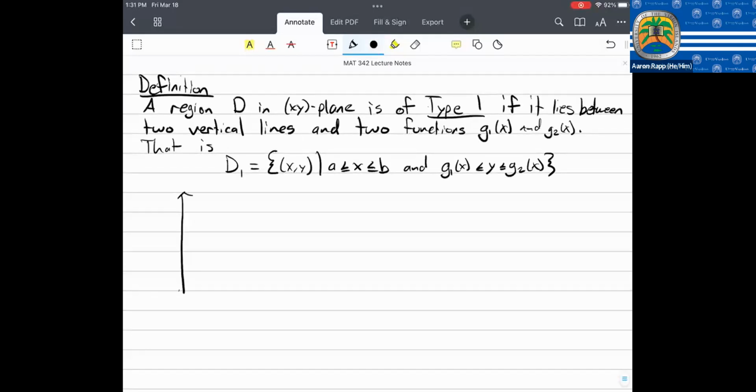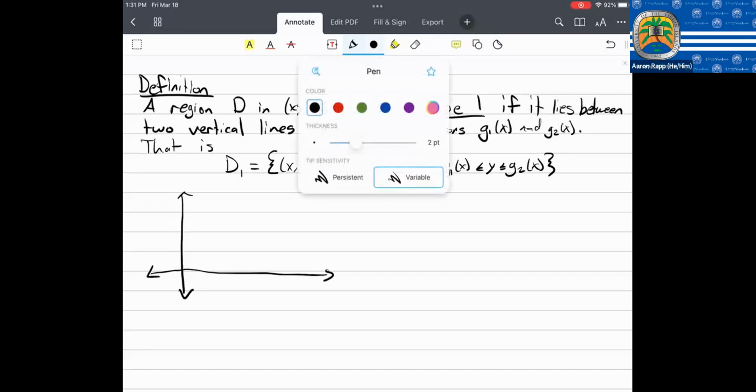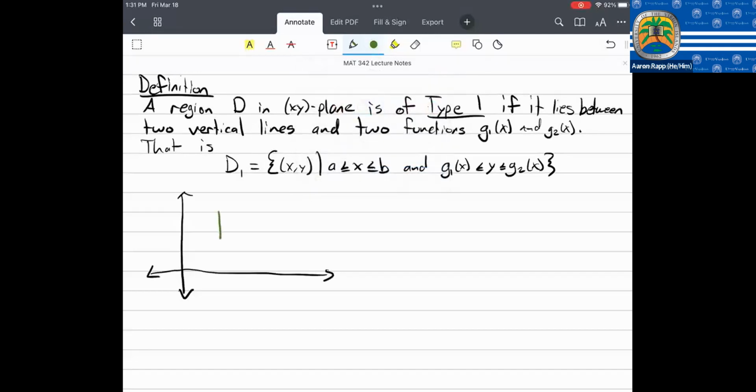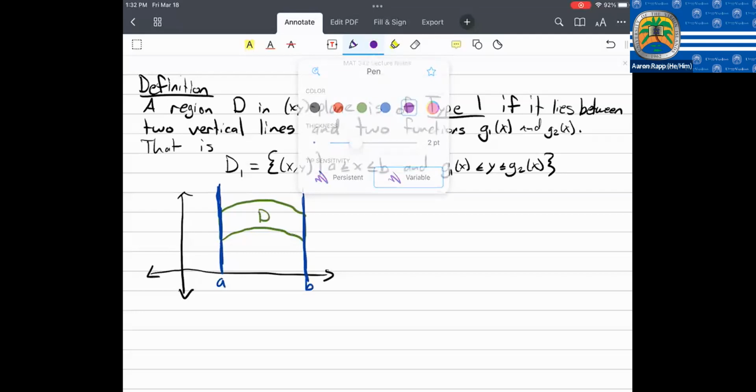So visually, yeah, I guess green. This could be my region D. I have those two vertical lines that are making up the edge of my region. And then I have two functions that are defining that curve.